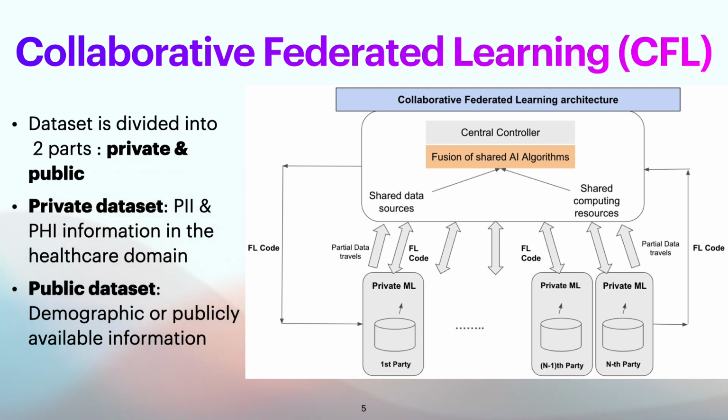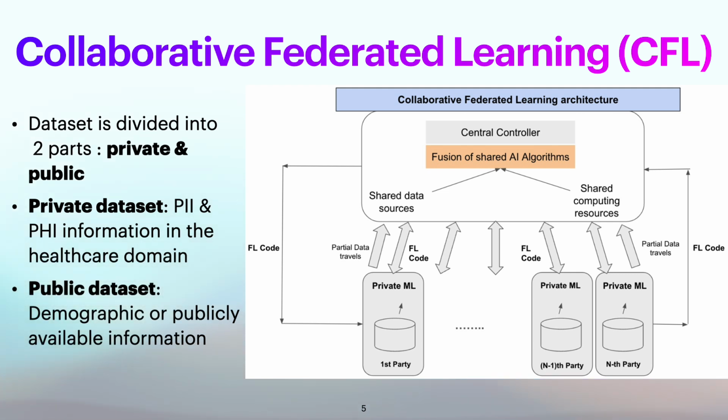So how do we divide the data into these sets? On the right hand side of this slide, in this architecture, we see that the model or the code travels bidirectionally, which is why these arrows are bidirectional. However, the data is partial, in the sense that the entire data set is not being sacrificed. Private data remains private.